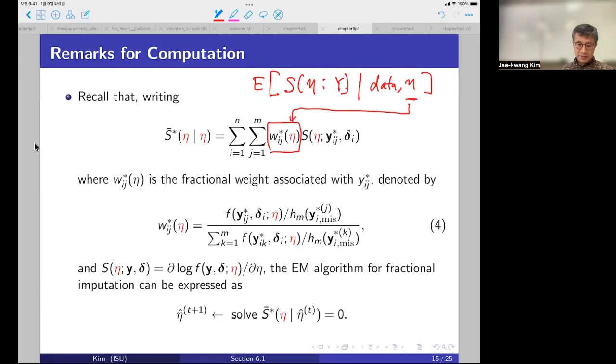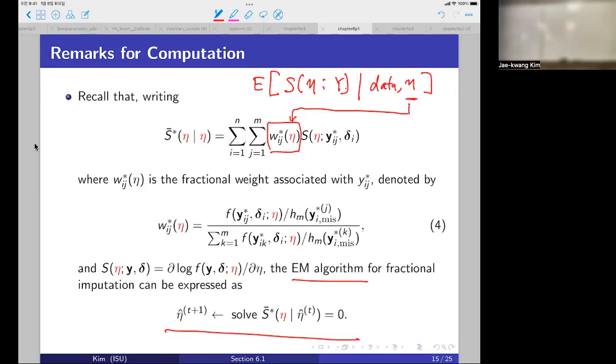So then we have two ways of estimating the parameter. One is the EM algorithm, which basically updates this way.